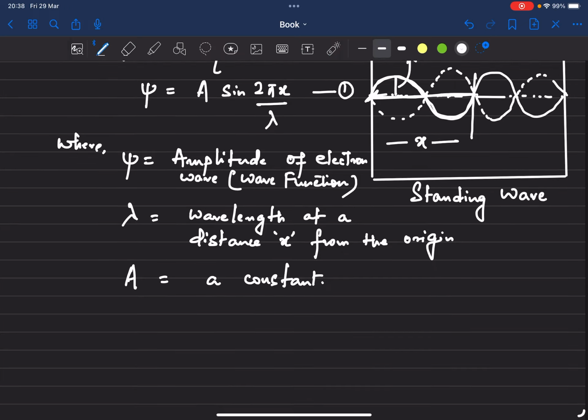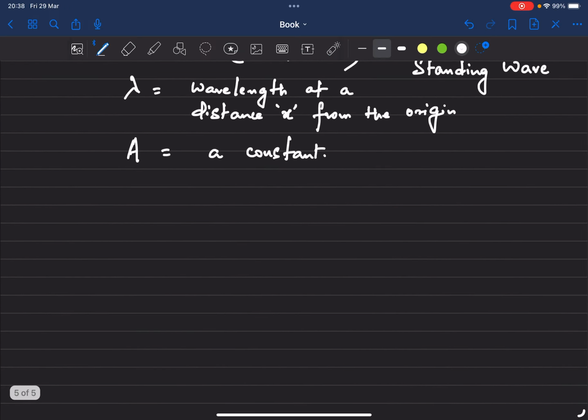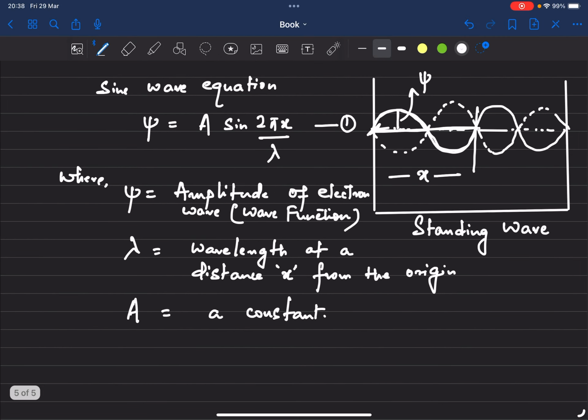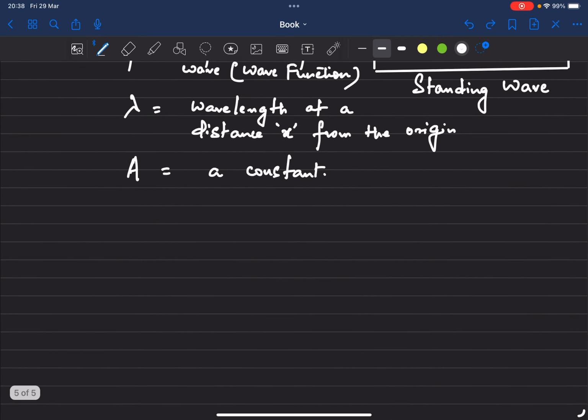So the next step is to differentiate equation number 1, and we will not differentiate it once, but we will go for a double differentiation of this particular function, psi, with respect to the variable x. The variable is x here. I hope you are well aware of how differentiation is done. Considering you have a mathematics background, you will be able to recall what differentiation is.